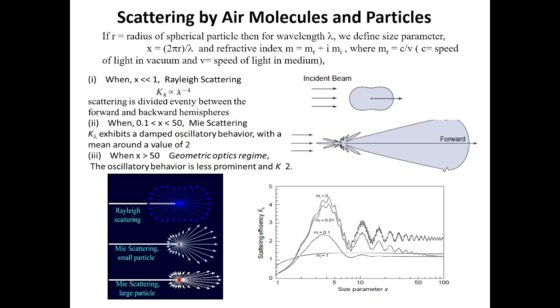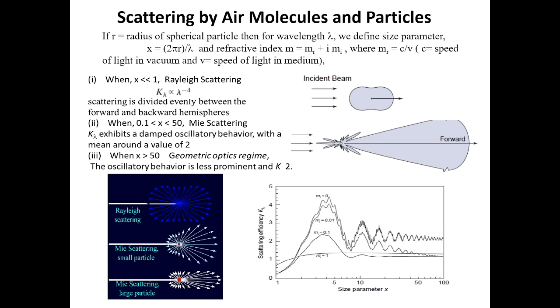Now, scattering, as we know from the atmospheric point of view, can be mainly of two types: Rayleigh scattering or Mie scattering. When the particle size is very, very small, the scattering is almost homogeneous in different directions, normally equally distributed in the forward and backward directions.